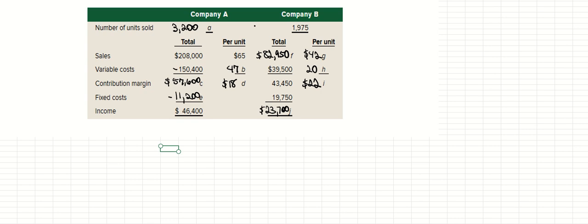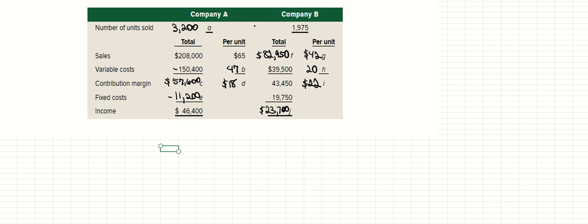We have all of the amounts and the numbers that are needed in order to compute break even in units and dollar sales. So I'm going to start off with company A, and I'm going to take this on a step-by-step basis. So in order to figure out what the break even in units should be, we have to first figure out what our contribution margin per unit is.